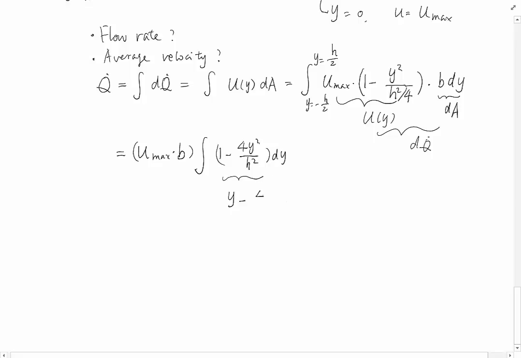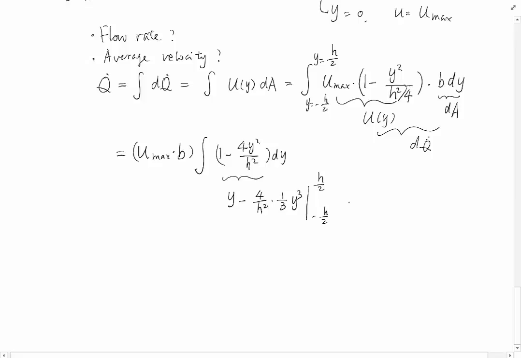So 4 over h squared, that's the coefficient of this, and then 1 over 3 y to the third power. And this part is being integrated from minus half h to positive half h.